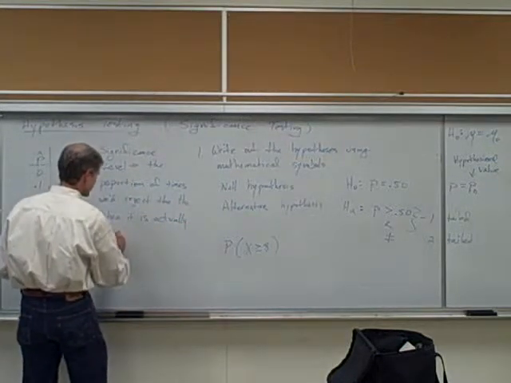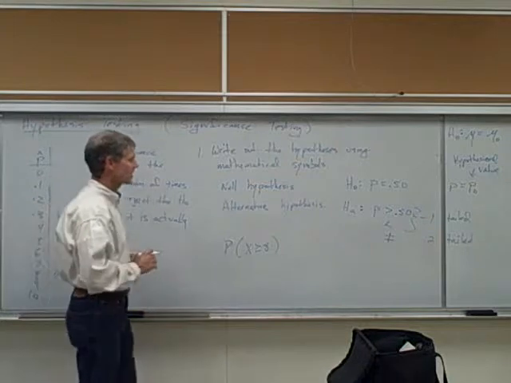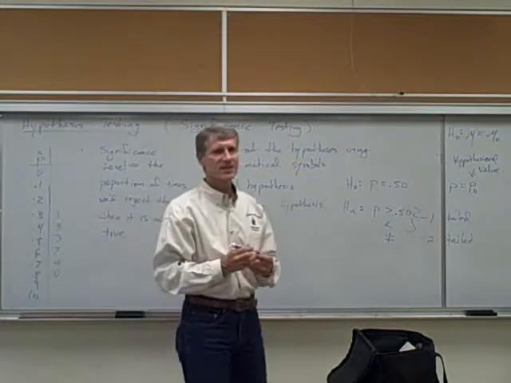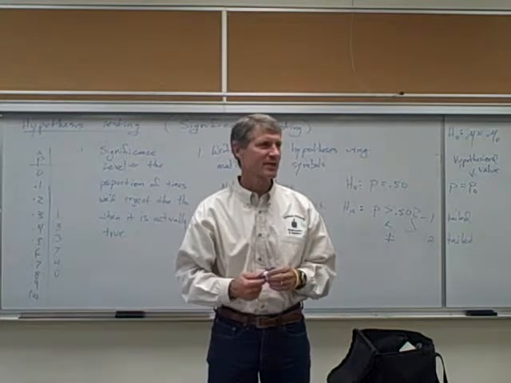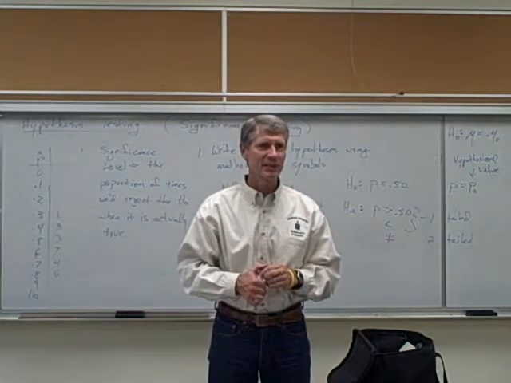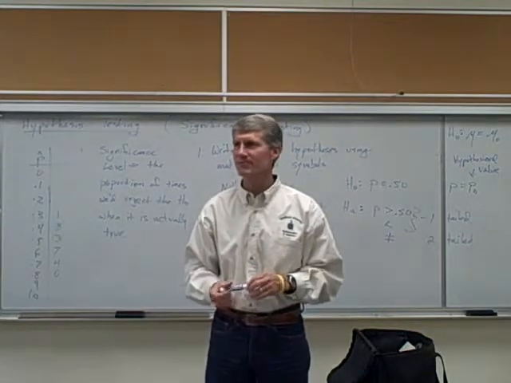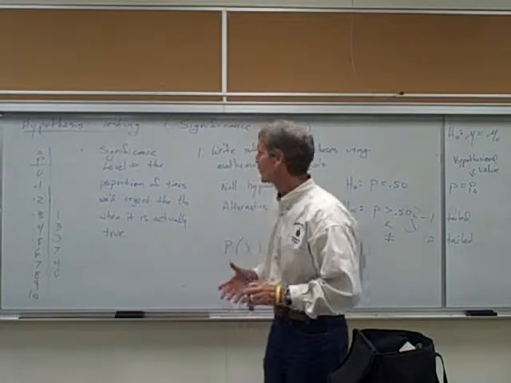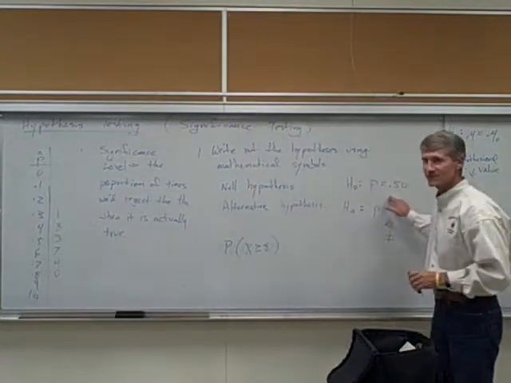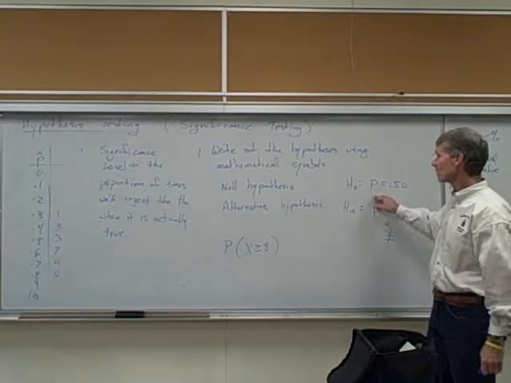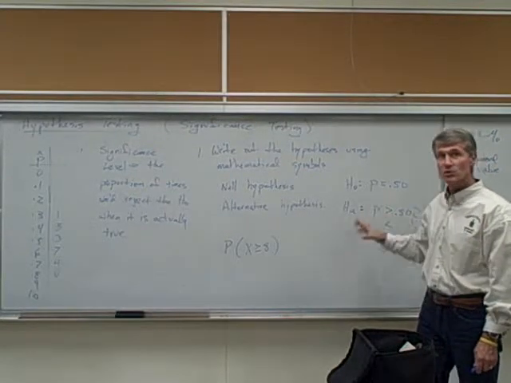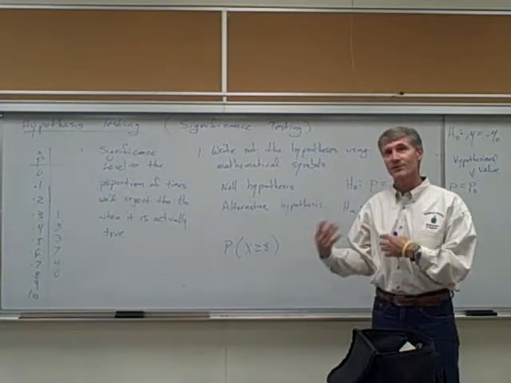Now in this case, I like this scenario of testing for ESP because most of us, maybe not all of us, but most of us probably don't believe that anyone in this room has ESP. So we pretty well know that the null hypothesis is actually true. In practice, in real research, you don't know whether it's true or not. In fact, usually you believe it is not true, and that's why you're doing the experiment.